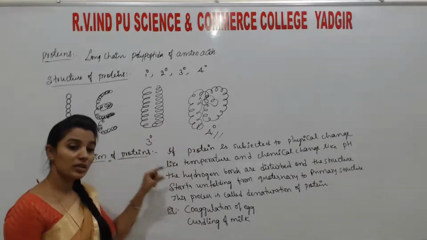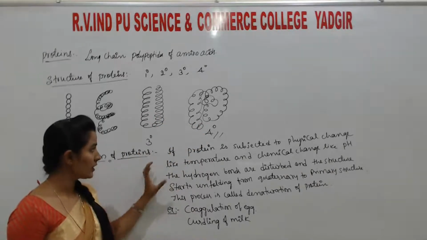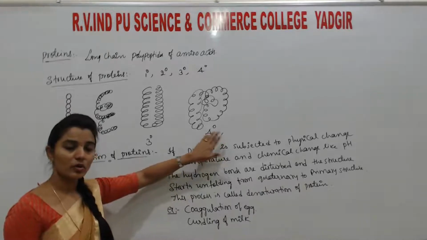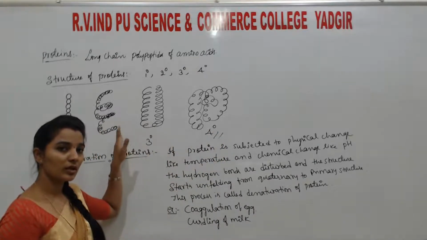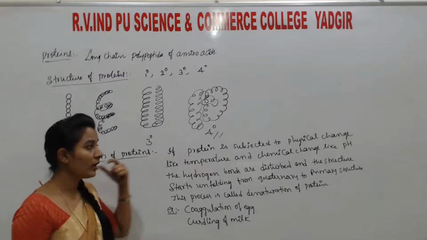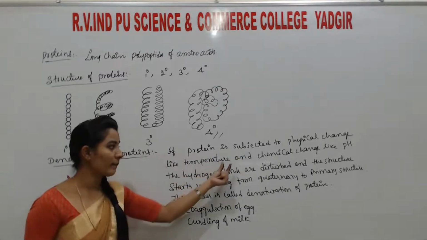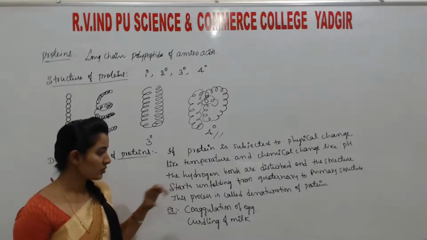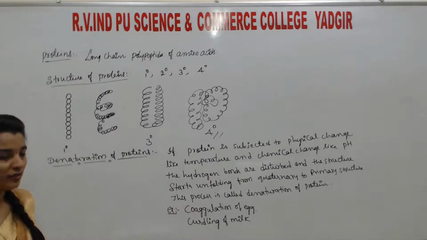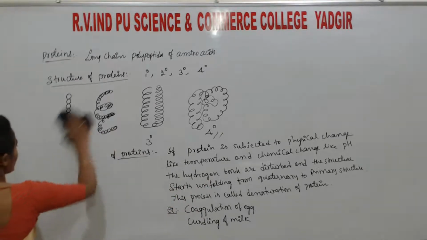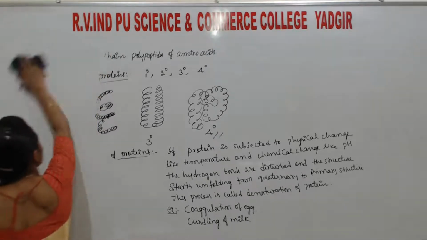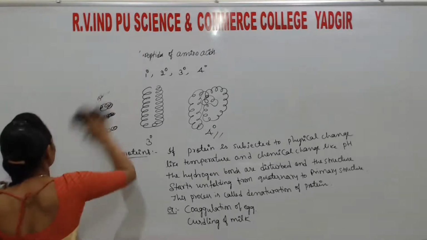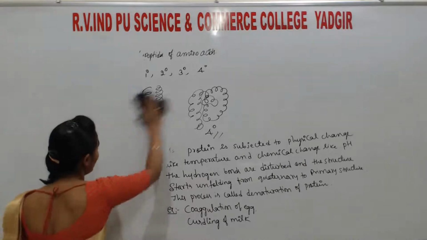When denaturation of protein takes place, the structure changes from quaternary to tertiary, tertiary to secondary, secondary to primary, when the physical change like temperature and the chemical change like pH is applied. So that is called denaturation of protein. So this completes another important biomolecule required for our body.